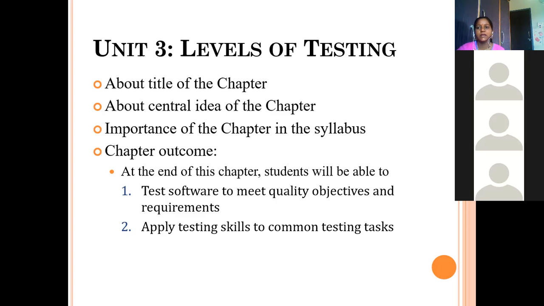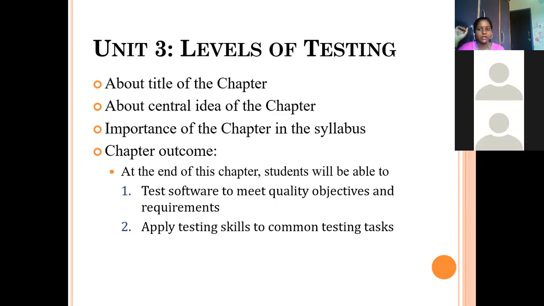That is the second CO. So how to test the software so that it can meet the quality objectives designed by your organizations also, that we are going to study under this chapter. What the different requirements from your client are, that will get satisfied after testing your software. So this particular CO will be satisfied in this unit.